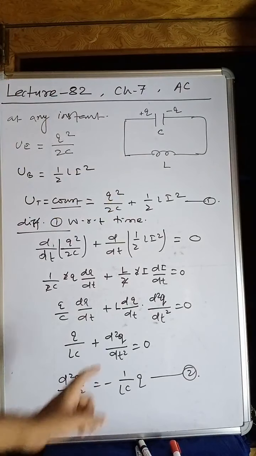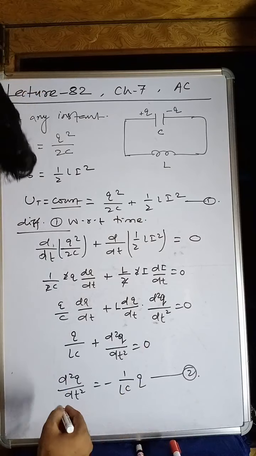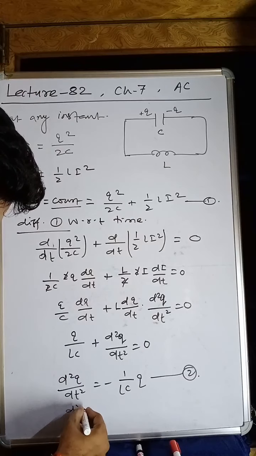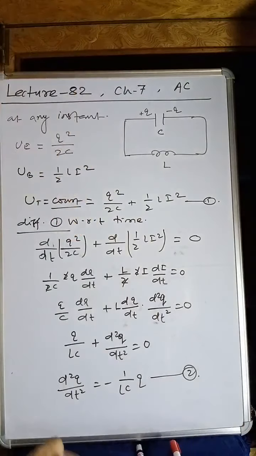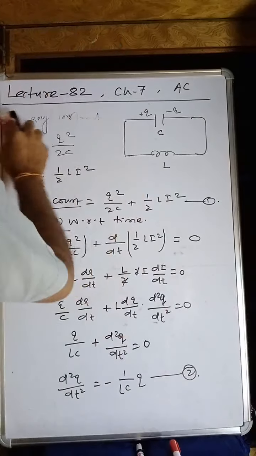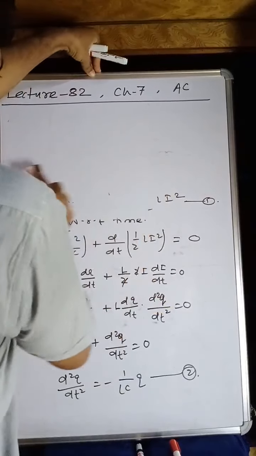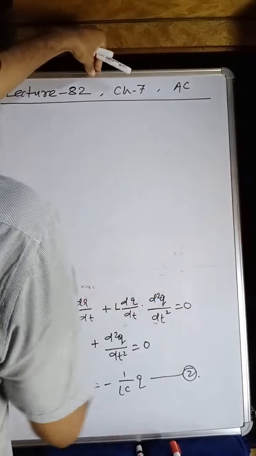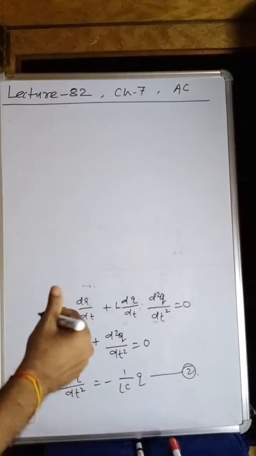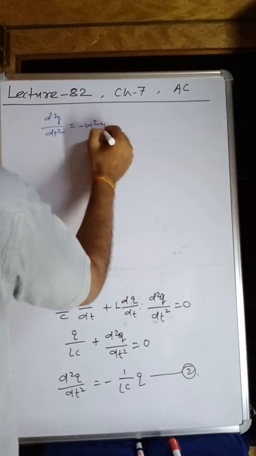Try to recall and compare this equation with what you have studied already in simple harmonic motion, in your standard 11, in the same form that you used to write there. d2y over dt square is equal to minus omega square y.